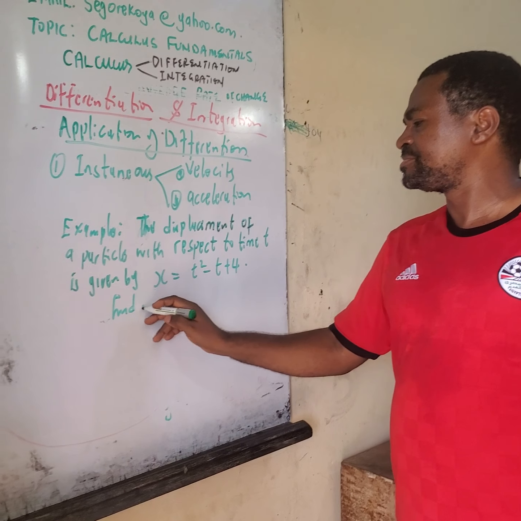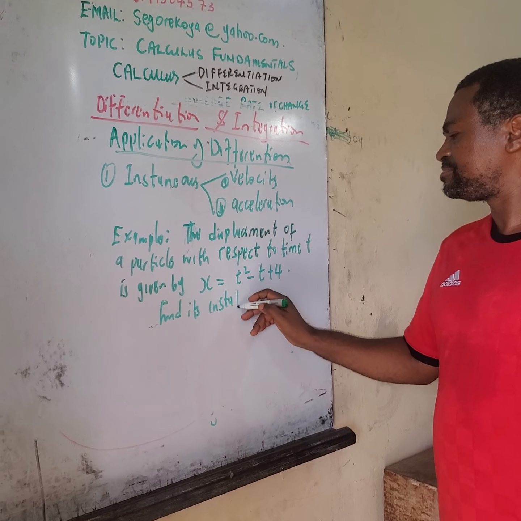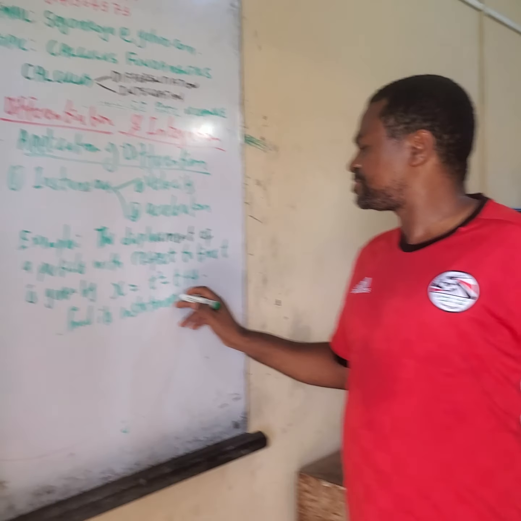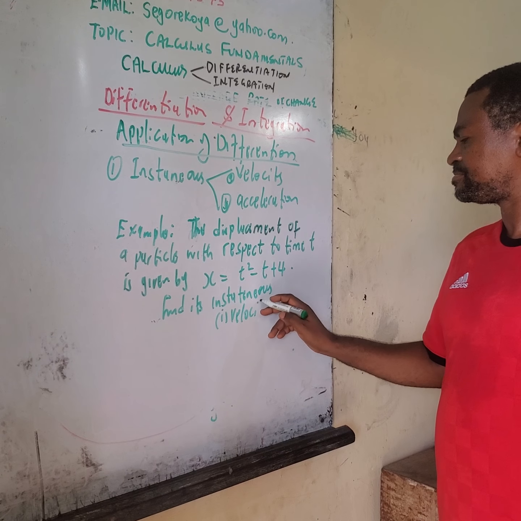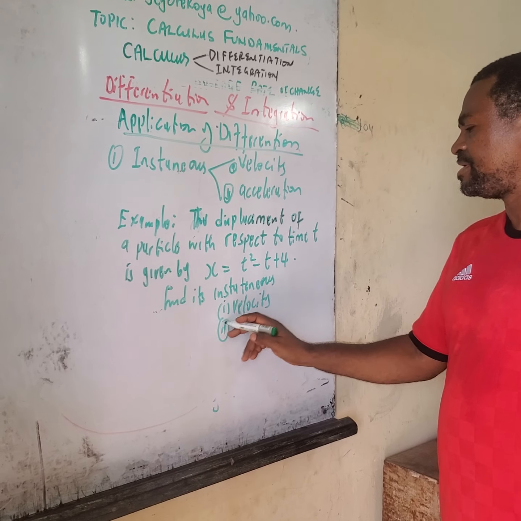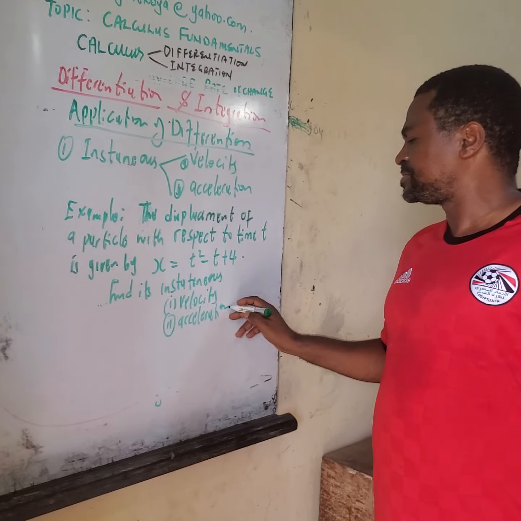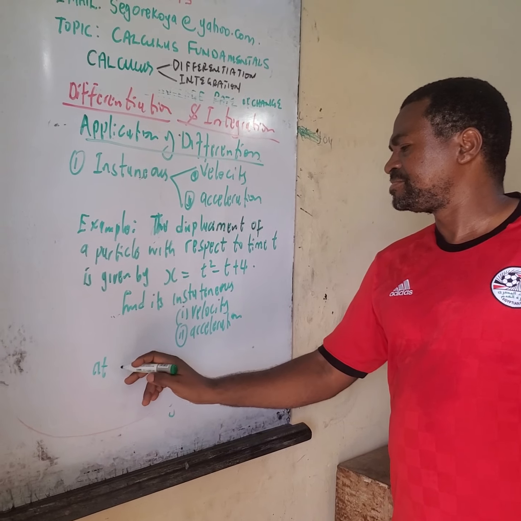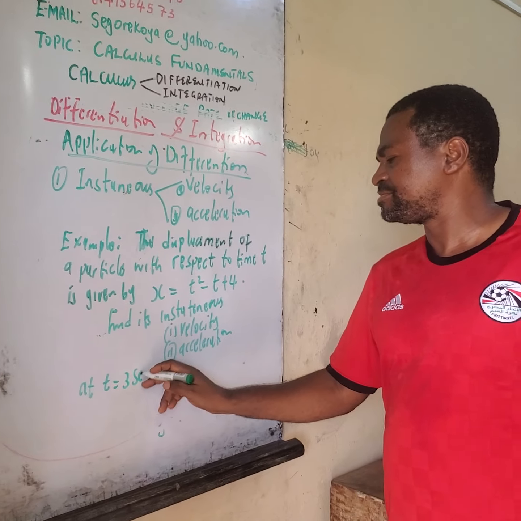Find its instantaneous A, velocity, B, acceleration at time t is equal to 3 seconds.